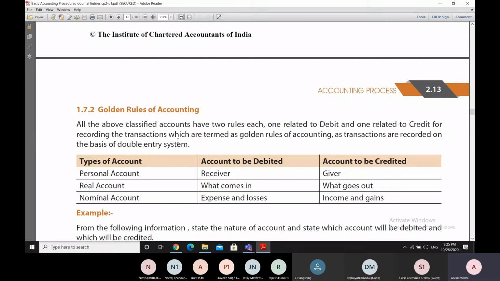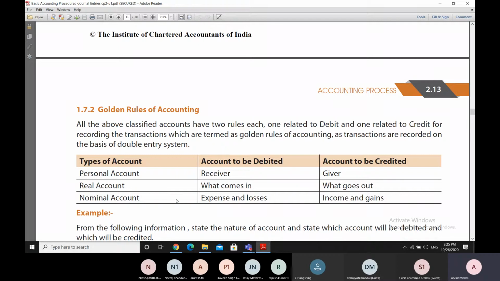So the rule is that, as you have seen, the account could be either a personal account or an impersonal account. If it is impersonal, it could be real or nominal. If it is a personal account, we debit the receiver and we credit the giver. If it is a real account, we debit what comes in and credit what goes out.